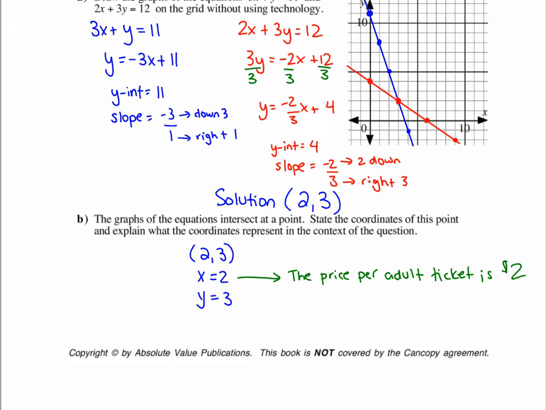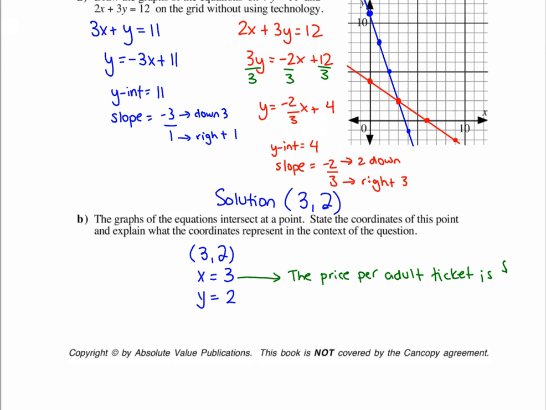Yes. Sorry, guys. It's really bad when your teacher does dyslexic things like that. Let's try that again. X coordinate 3, y coordinate 2. Would you agree with that? Yeah, thank you. I'm sorry. So it's actually price for an adult is $3, which makes way more sense.